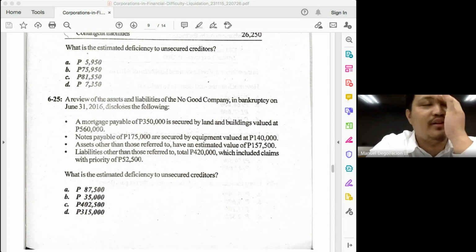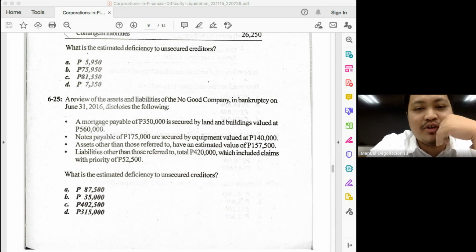But alternative solution, class. You go back to our formula for your recovery rate, wherein it's the unsecured creditors that will fill the deficiency. So what happens here is that we have assets that are free in the amount of 157,500. And then what kind of liability is your mortgage payable?